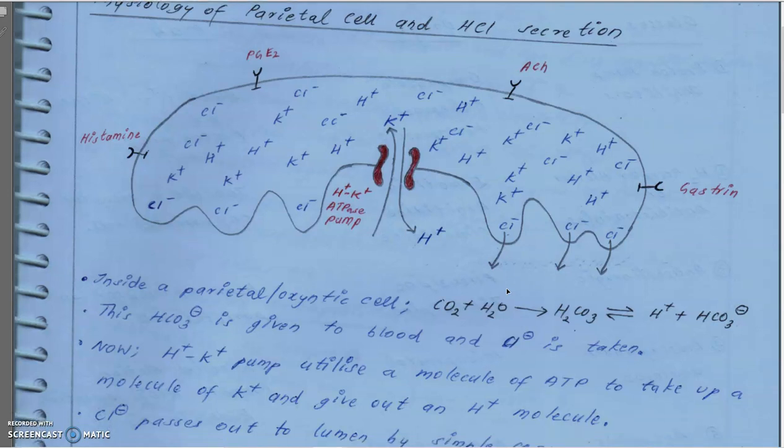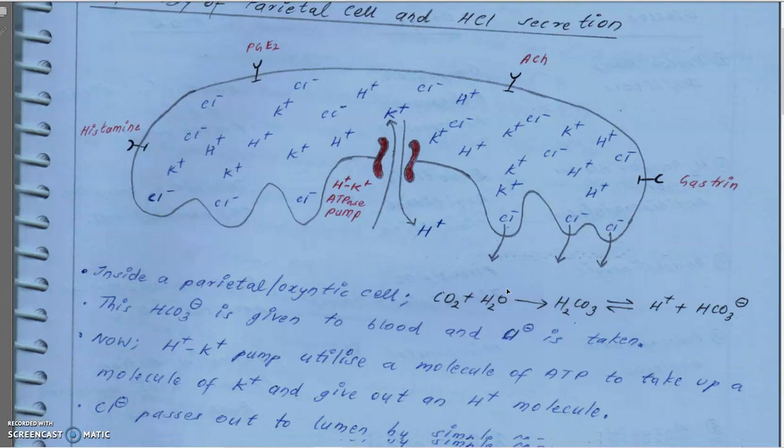Now, the concentration of Cl minus inside the parietal cell is more due to more H plus production there. So, Cl minus diffuses out of the parietal cell into the lumen of the stomach via a simple concentration gradient mechanism.